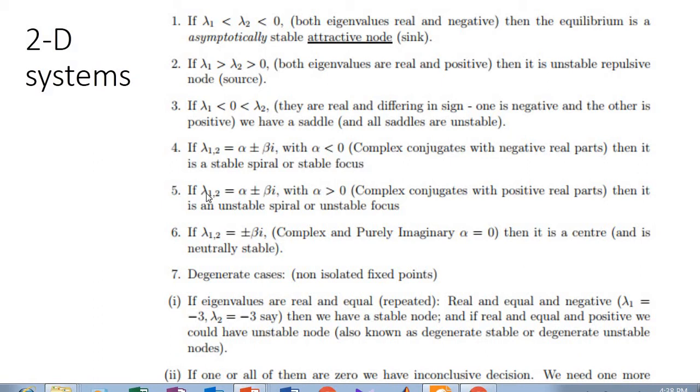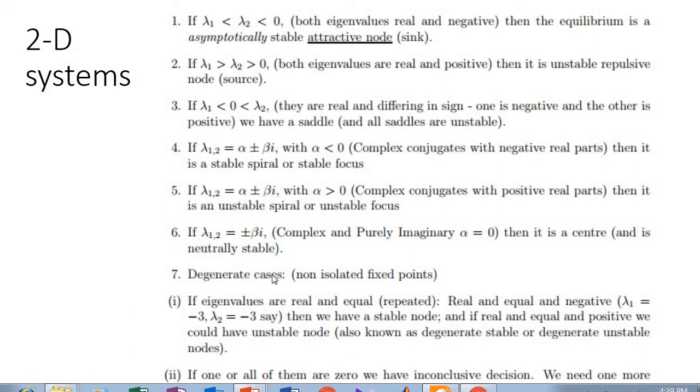If lambda 1, lambda 2 are complex with alpha greater than 0, the complex conjugate with a positive real part, then it is an unstable spiral or unstable focus. If lambda 1, lambda 2 equals plus or minus vi, purely imaginary, since alpha equals 0, then it is a center and it is neutrally stable.